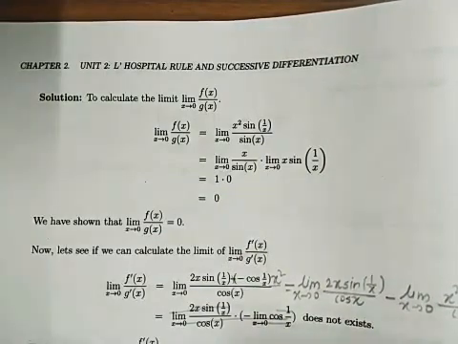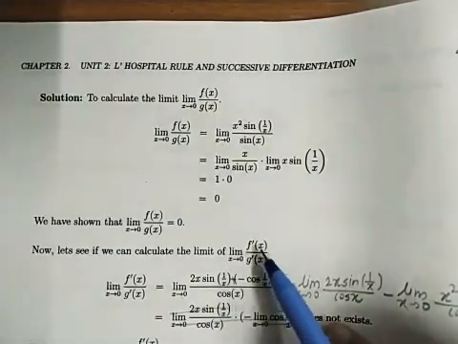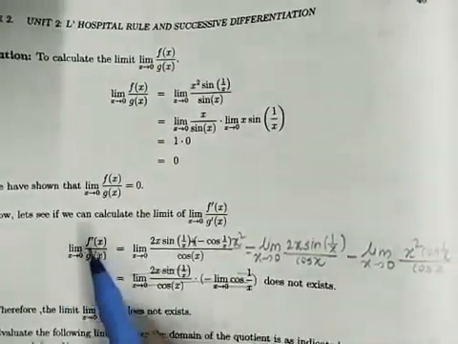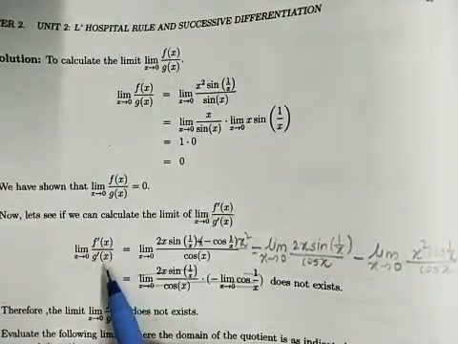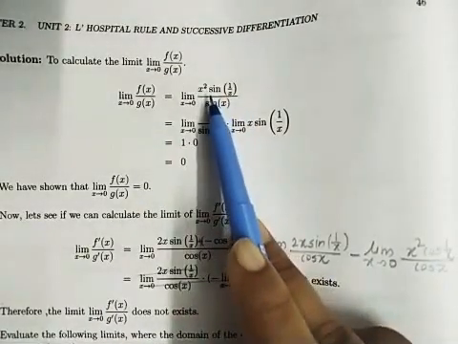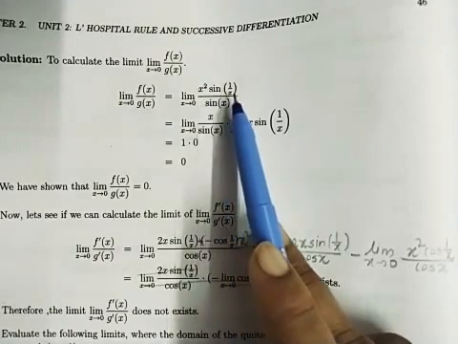Now we have to show that the limit of f dash upon g dash does not exist. Let us find out what that limit is. So the limit of f dash upon g dash is equal to, we will first find the derivative of f. F is x square sin 1 upon x.